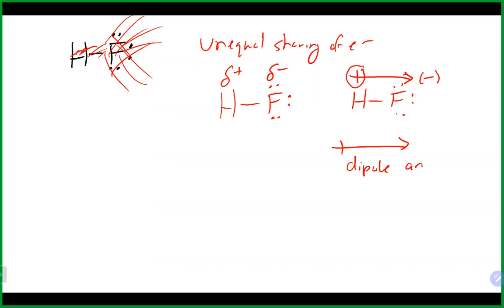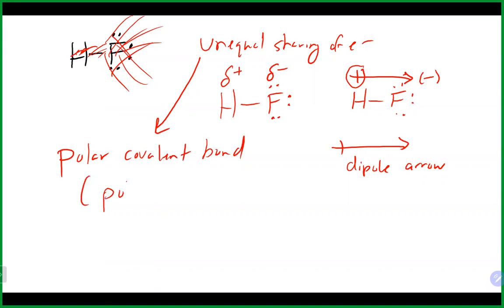A dipole arrow is sometimes drawn to represent a polar bond. And once again, the point is heading towards the more negative side, or the one that's more electronegative, really. And the back end is to the one that's more positive. This unequal sharing of electrons is what is referred to as a polar covalent bond, or just a polar bond.